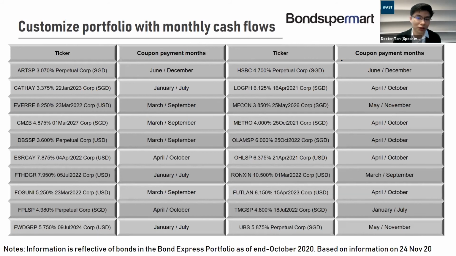For example, HSBC pays out in June and December, so if you have higher requirements during December, you may want to overweight on this perpetual note, or in January and July for Cathay Pacific. By putting a greater weightage on these bonds, you can receive more cash flows in these months.